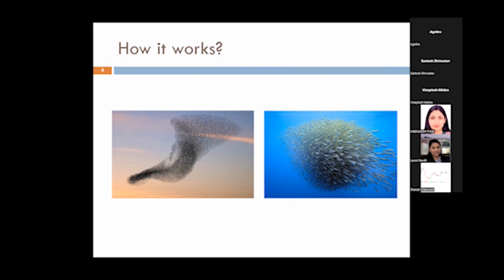In the system approach to supply chain or anything, we always talk about 1 + 1 being greater than 2. It is more than that. In this case, the fish and the birds don't know whether they are flocking together or swimming in a school. Actually, they are. And that is the beauty of a system. This is actually the epitome of a system approach.